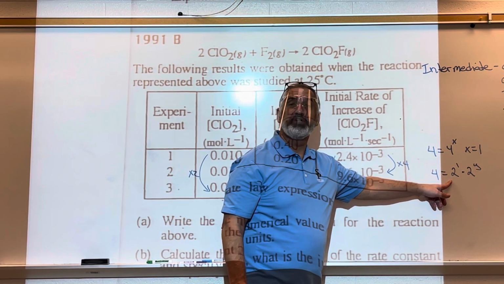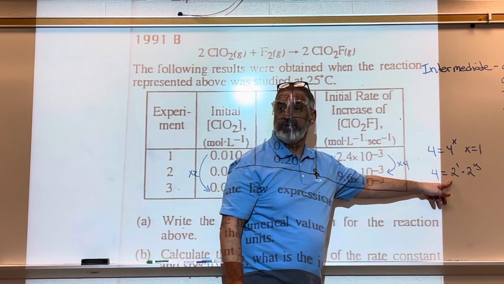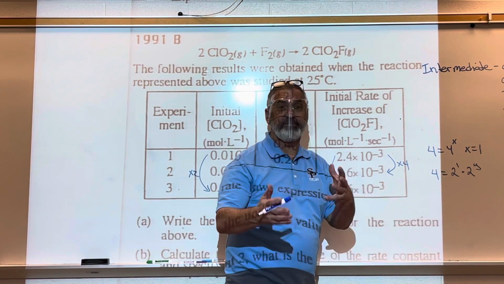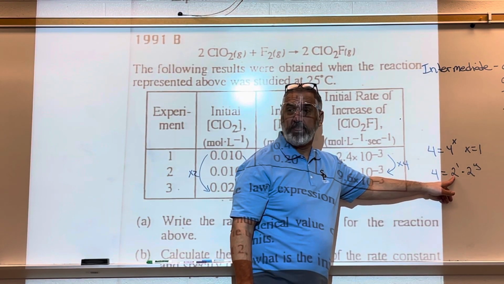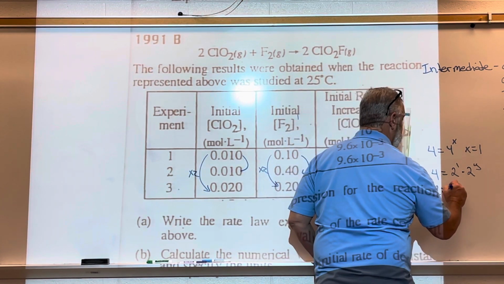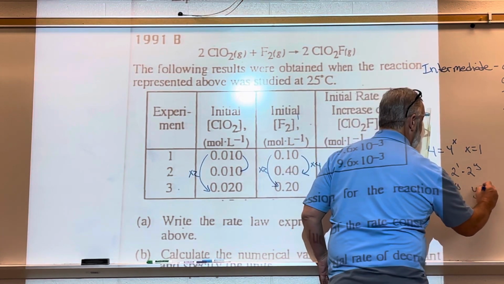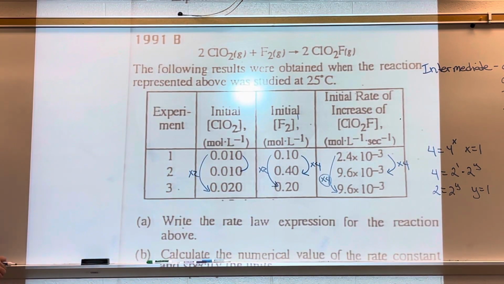You just have to include the one that you just figured out in the second rate law to figure out what the second one is, because they're both affecting the rate. But we know that the effect by the fluorine is first order. So we can then say 2 is equal to 2 to the y, so obviously y equals 1 as well. So my experimentally determined rate law is rate is equal to K times F2 times ClO2.